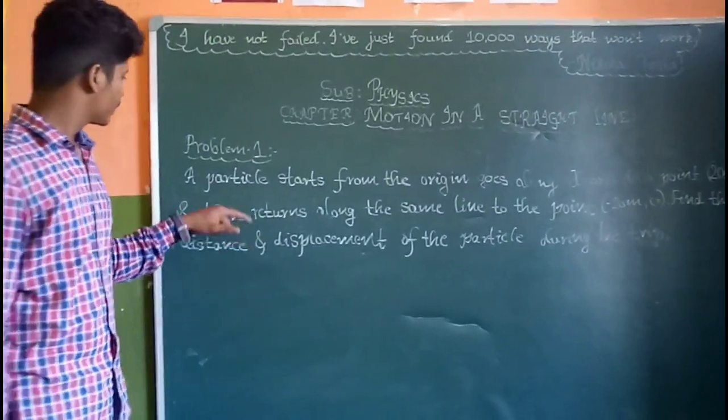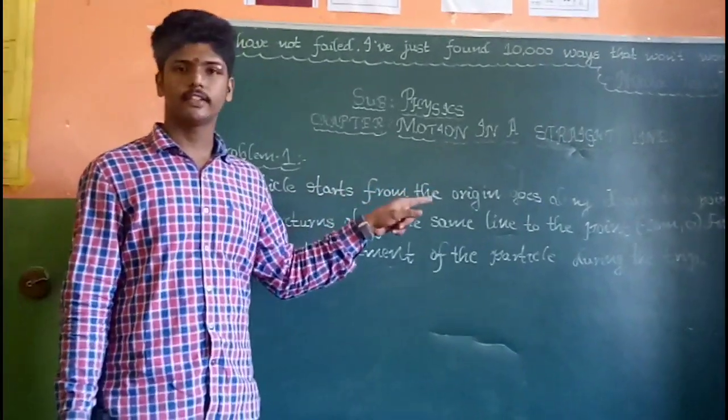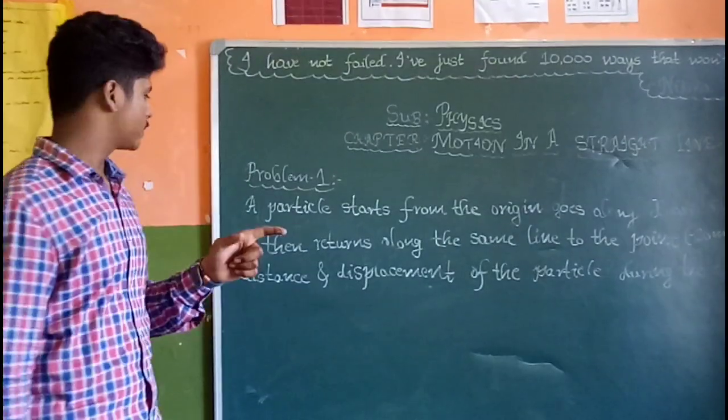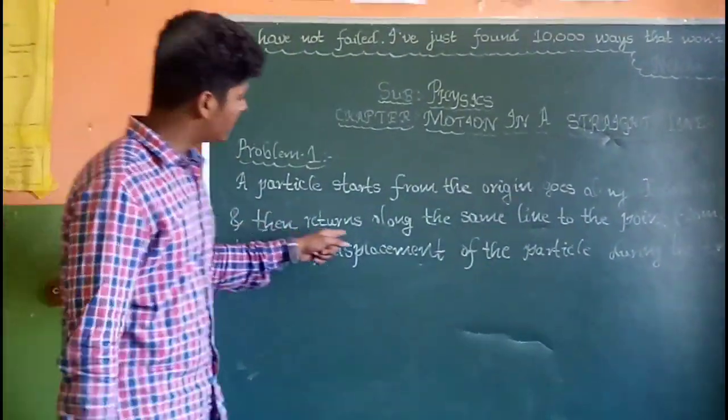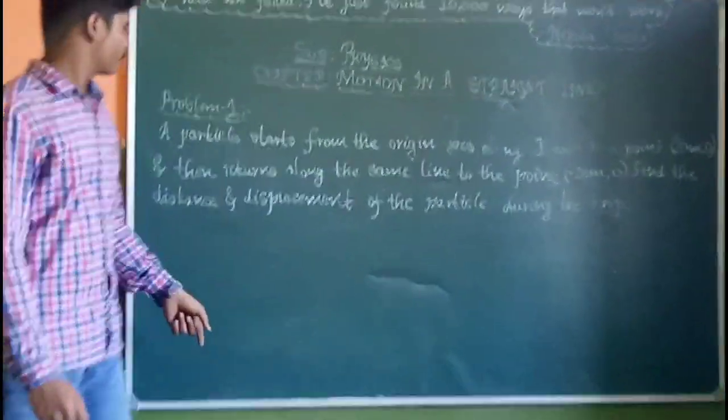The first problem. A particle starts from the origin, goes along the x-axis to the point 20 meter, 0 in the coordinate plane, and then returns along the same line to the point minus 20 meter, 0.